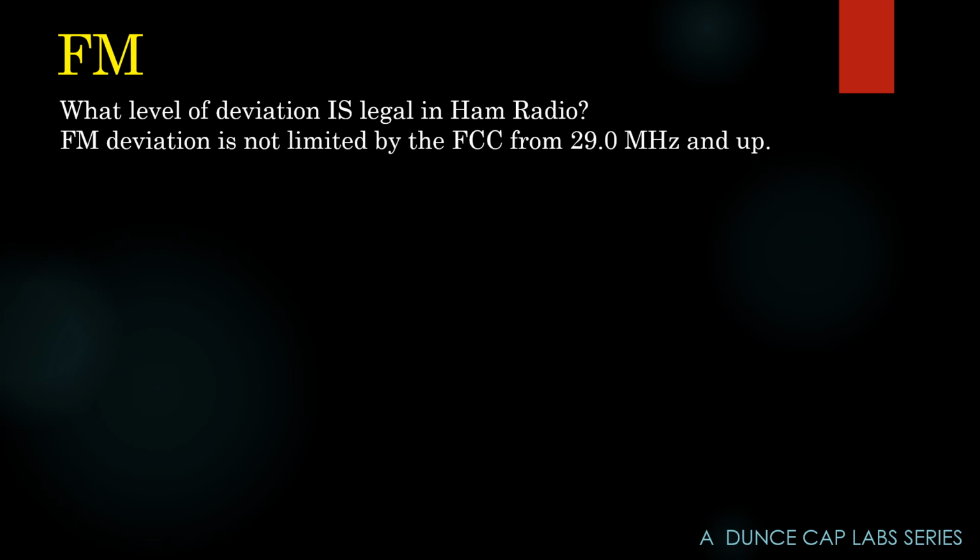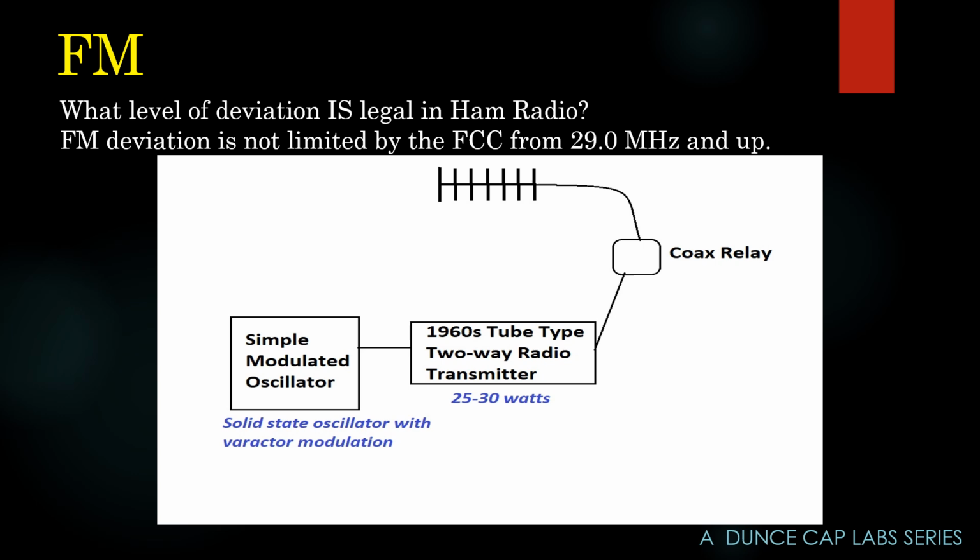In fact, years ago, my friends and I would build simple modulated oscillators. These were just little simple oscillators with a varactor diode in them, and a varactor is a variable capacitance component. If you fed AC signals into a varactor, or even DC, you can swing the frequency of the oscillator really well.